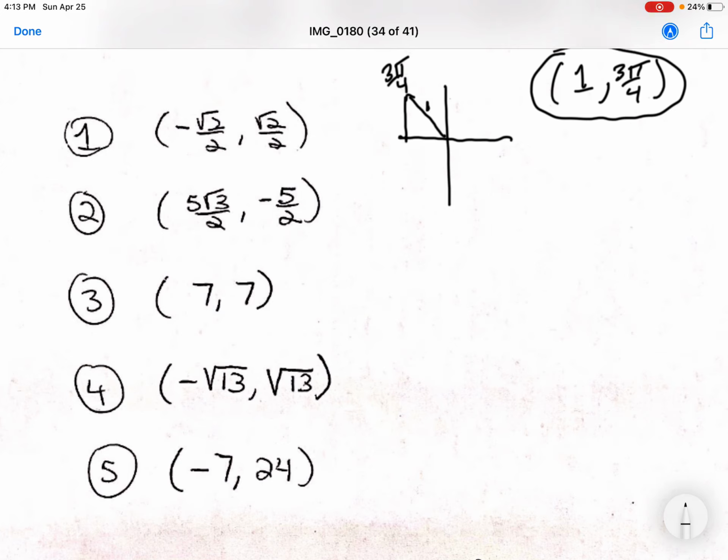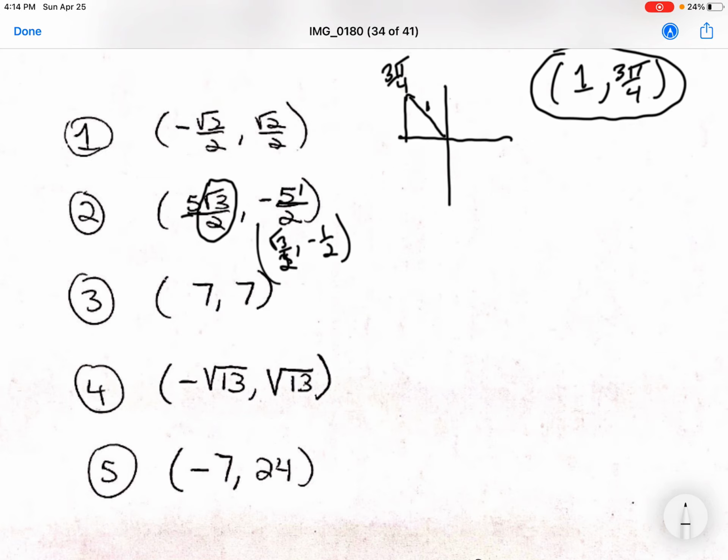Okay. Number 2, you see this root 3 over 2, and root 3 over 2 is being multiplied by 5. That tells me what the radius is, because on the unit circle the radius is 1, but if we multiply it by 5, then that means the radius is 5. So we're just taking the coordinate root 3 over 2, negative 1/2, and we're multiplying that by 5.